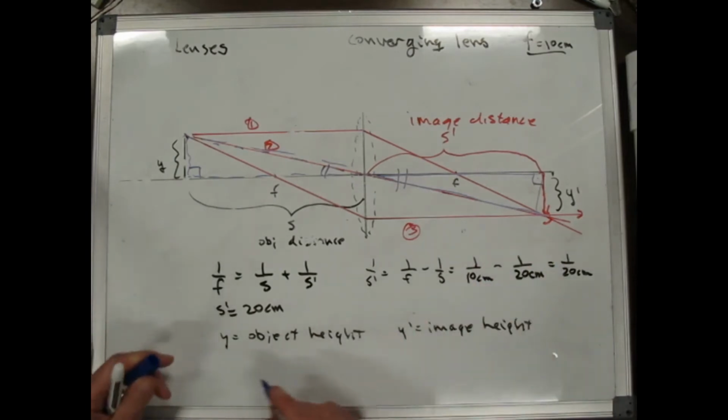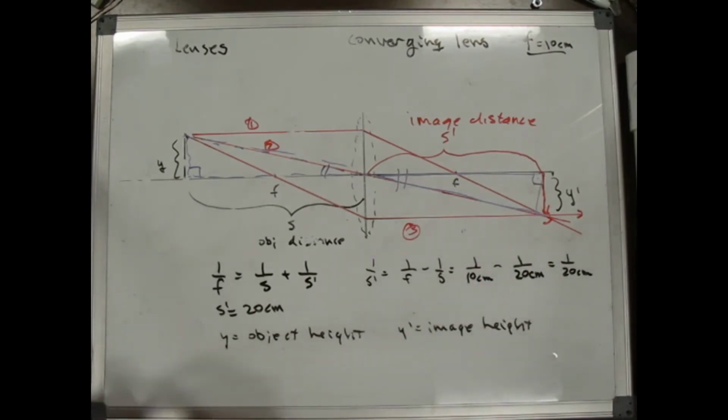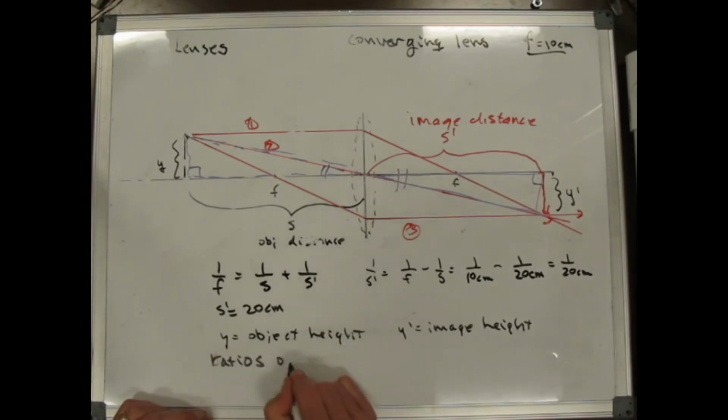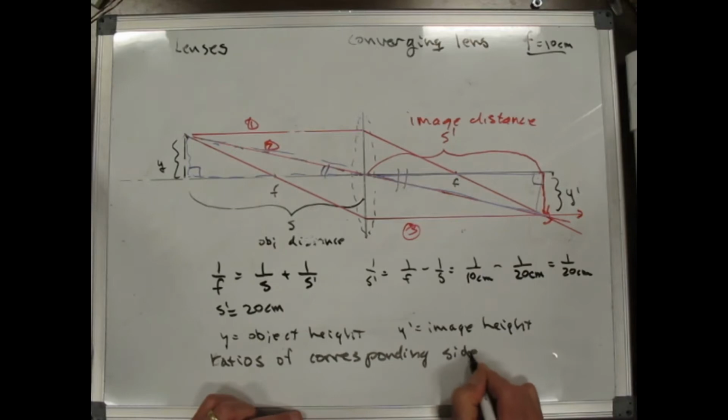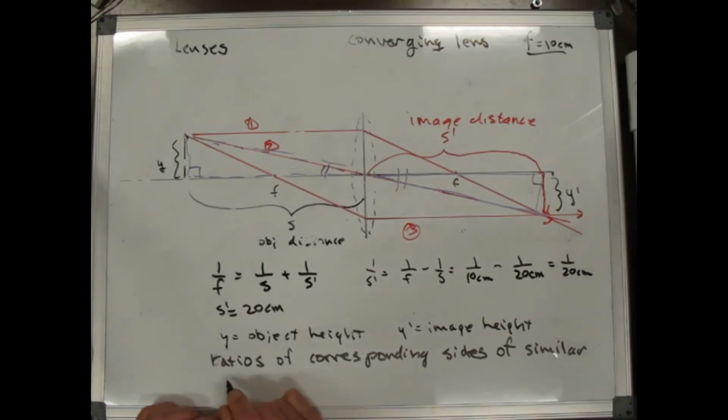And so what that means is it gives us some information about the ratios of the sides of these things. Similar triangles are equal.